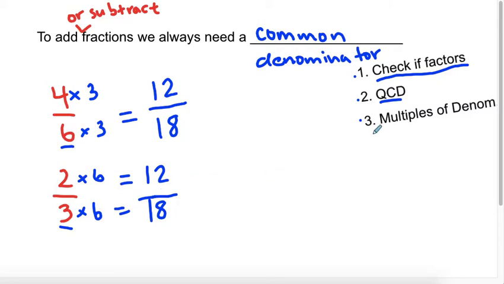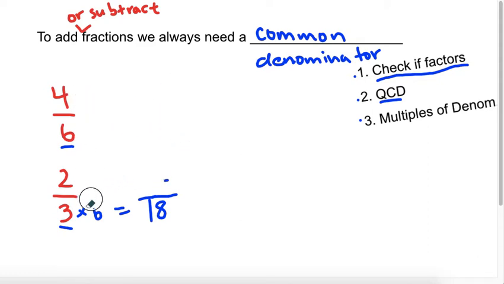The last strategy we have here is very similar to the first one. It's just a few more steps. I like this one because it has a visual aspect to it. What it is, is just taking the two denominators, so 6 and 3, and writing out the multiples of each.